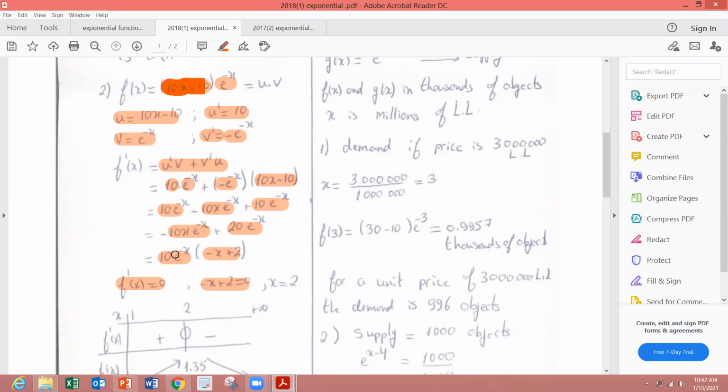Positive. The exponential is always positive, so 10e to the minus x is positive and is not affecting the sign. It cannot be 0. So whenever we need to solve f prime x equal to 0, I don't take this one, because it is different from 0. I take this one. Minus x plus 2 equal to 0, then x equals 2.